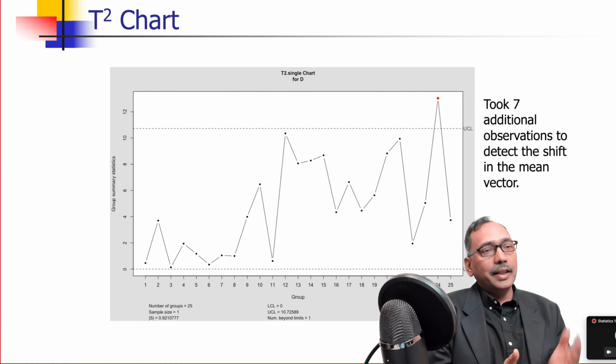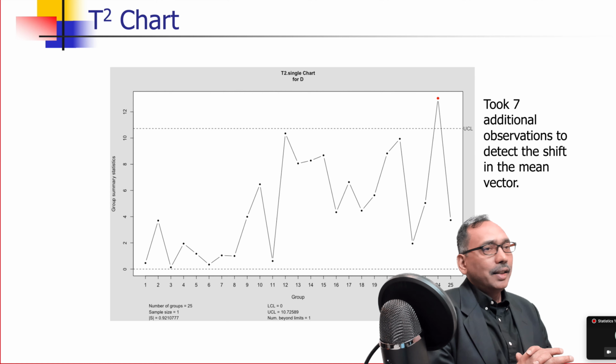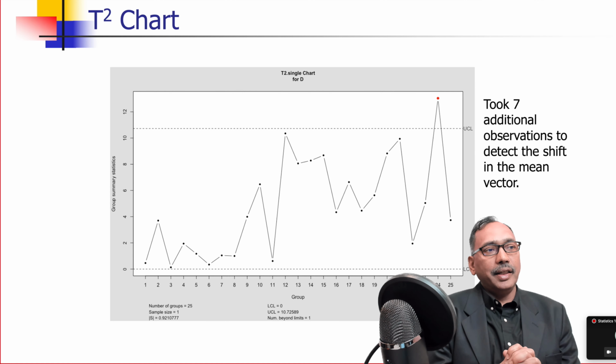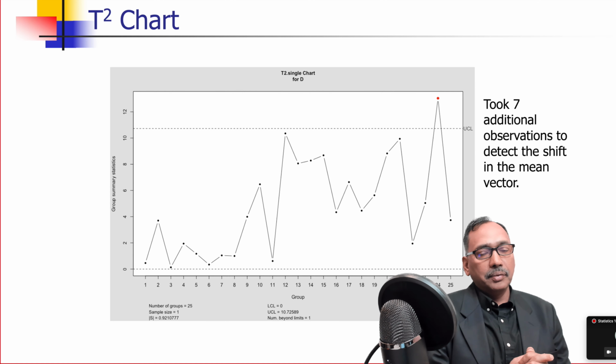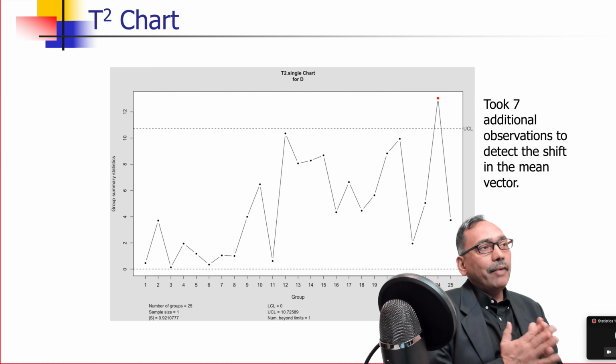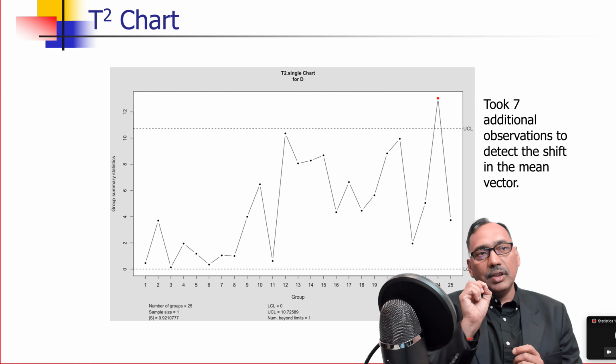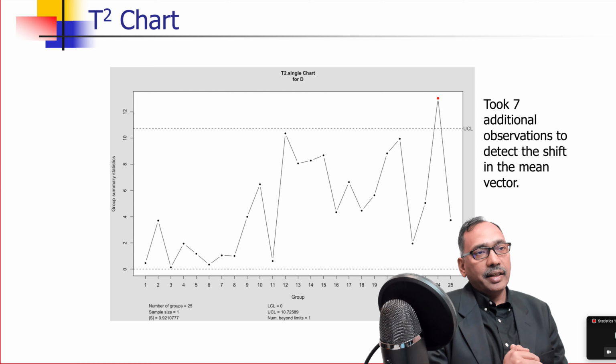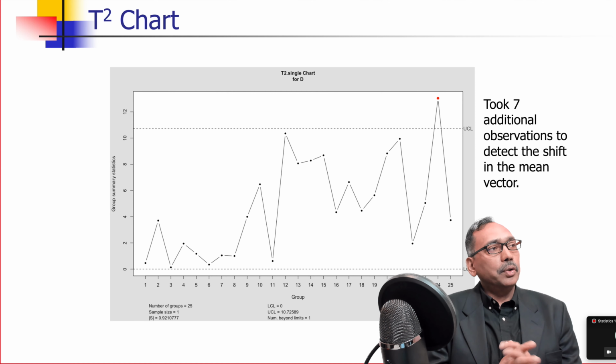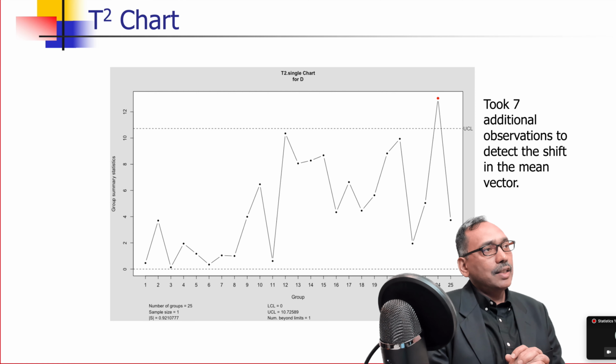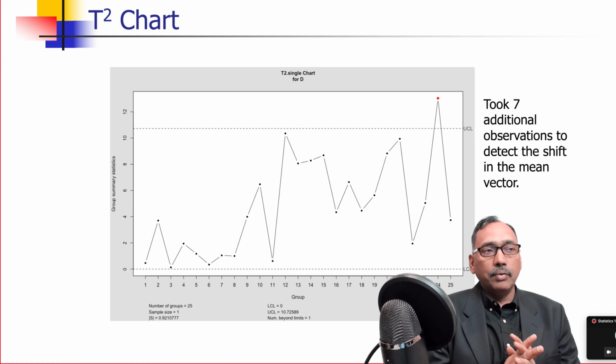Why not use the T-square chart that we had earlier and plot it there, and that should also work. But if we have a process where even a small shift in mean is very critical and we want to catch it early, you can see the T-square chart is not the one that is going to help you quickly.